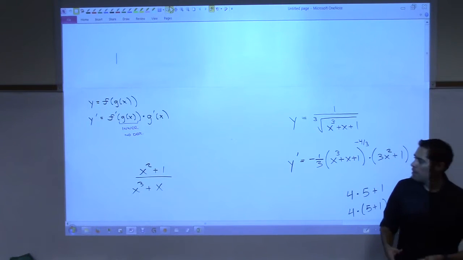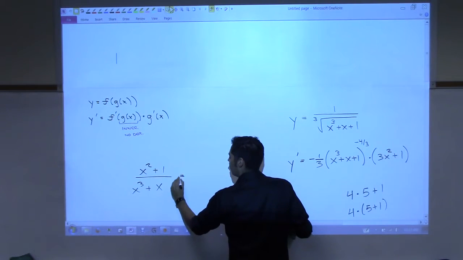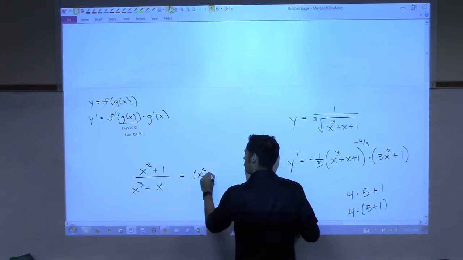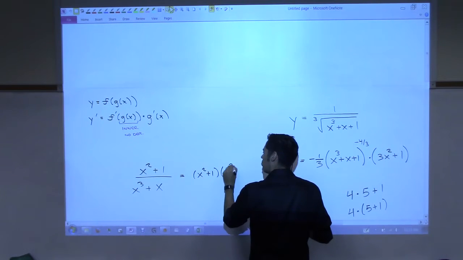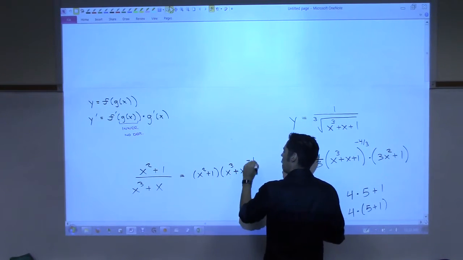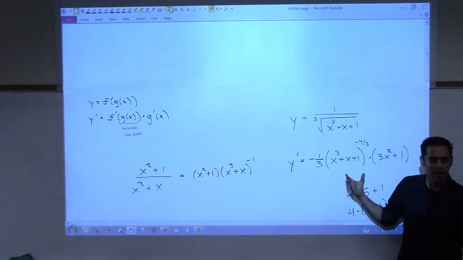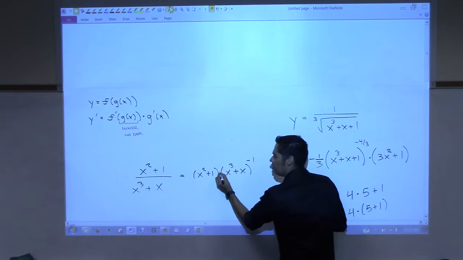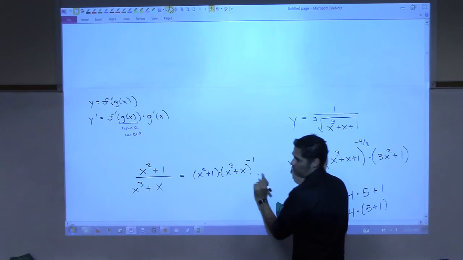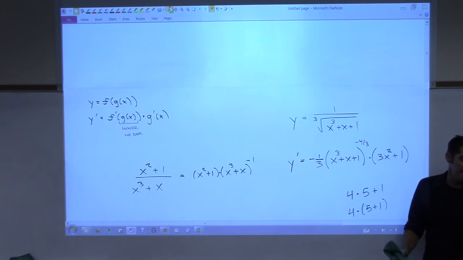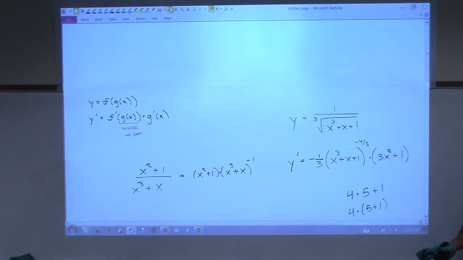But if I wanted to do it using chain rule, I could write this as x squared plus 1 times x cubed plus x to the negative 1. So you see I brought the bottom up, but I'd still have to do product rule. I wouldn't be able to get away from that, but I wouldn't have to do quotient rule.